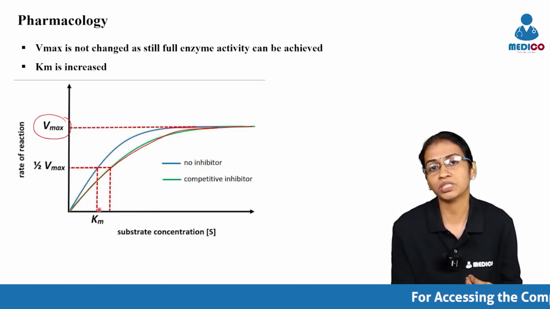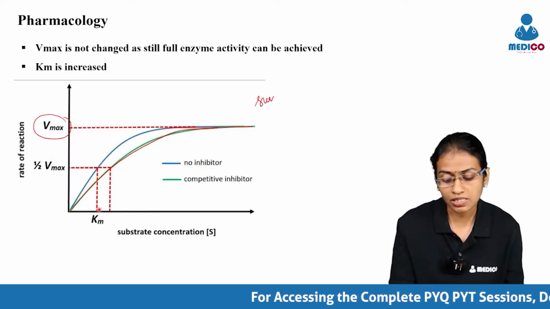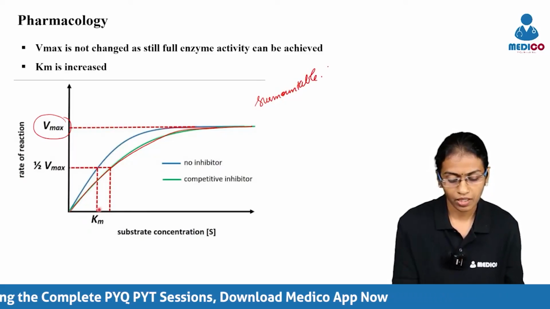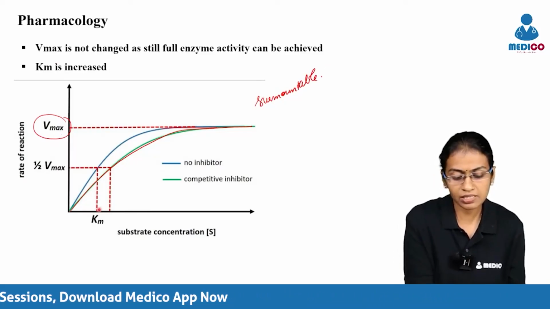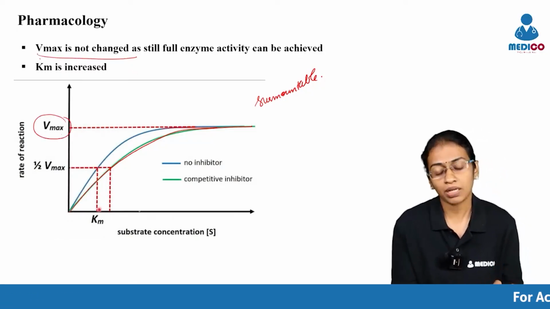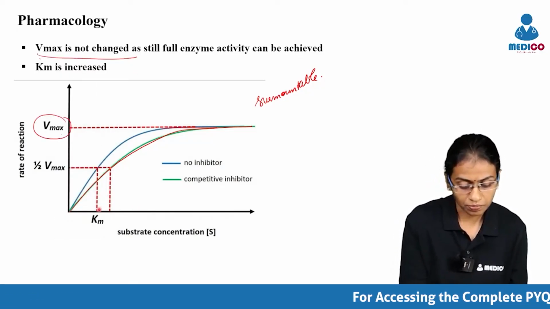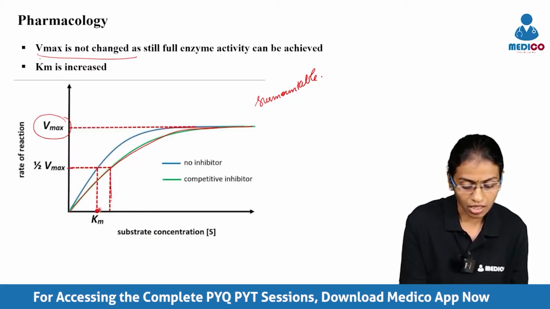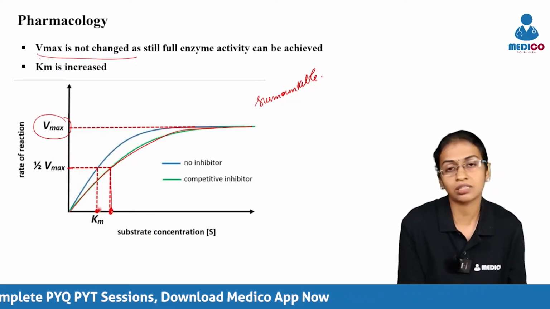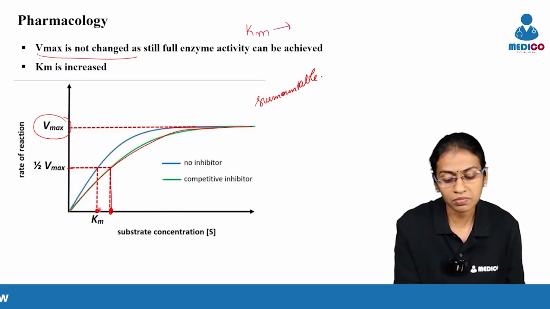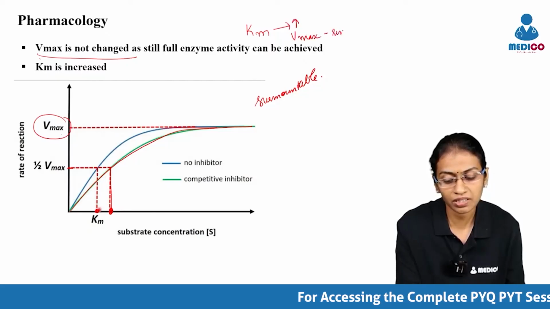That is why competitive inhibition is otherwise known as surmountable inhibition. So the Vmax is not changed, but what happens to the Km? Previously, half maximal velocity was reached here, now the half maximal velocity is reached at this higher concentration. So in competitive antagonism, the Km is increased, but Vmax remains the same.